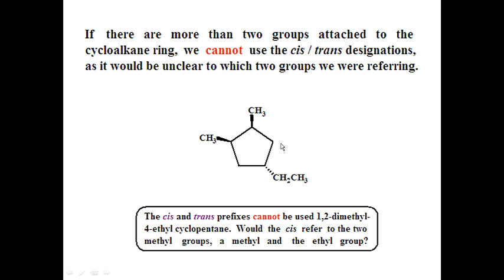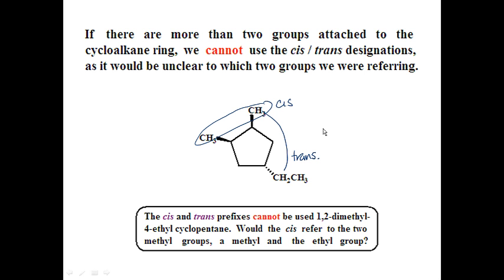Now, that doesn't mean that I couldn't say that these 2 methyl groups are cis or that this methyl and ethyl group are trans. It just means that when you have more than 2 groups attached to the ring, you cannot name this with the cis or the trans before the name.